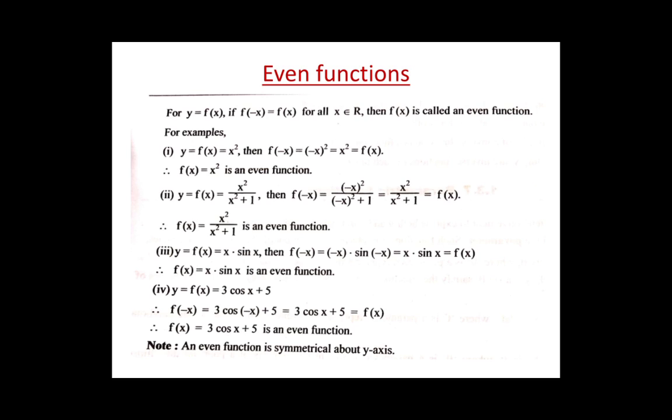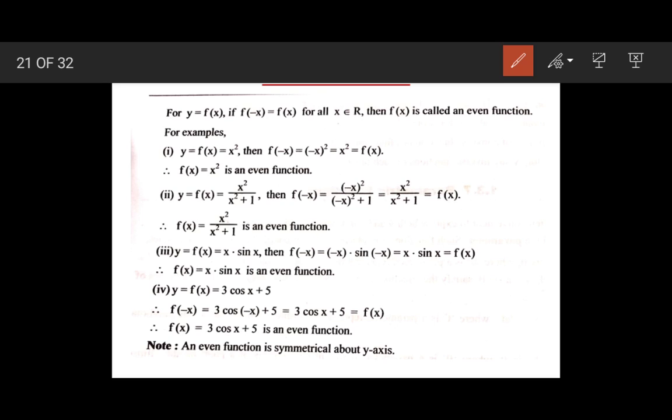Very important type. We can't say a given function is even or odd by just looking at it. We have to check whether the given function is even, odd, or some other type. So for even there is a condition. The condition is whenever f of minus x is equal to f of x, then f of x is called an even function.